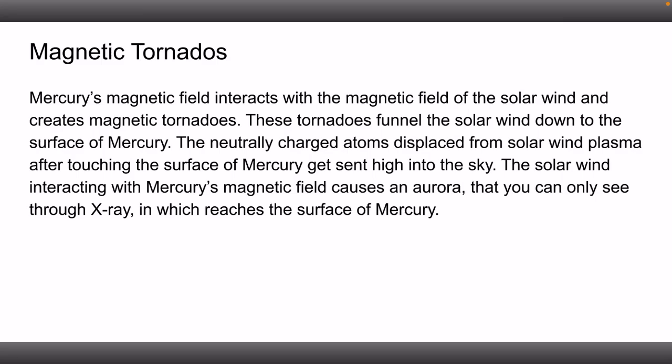It does, but doesn't make sense. It takes a moment to look. Just trust me on it. The solar wind interacting with Mercury's magnetic field causes an aurora that you can only see through an X-ray, which reaches the surface of Mercury.